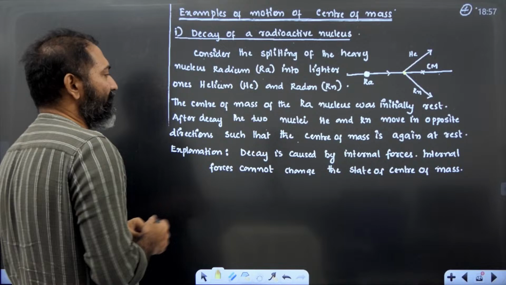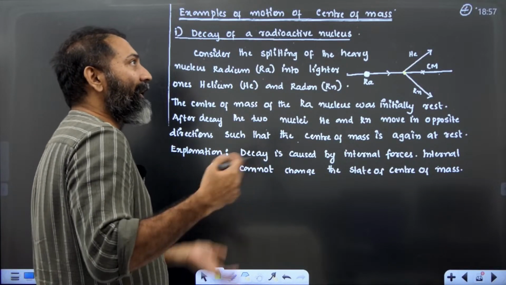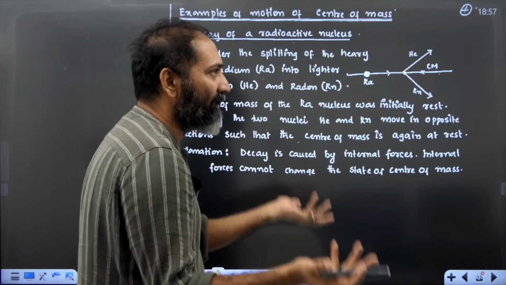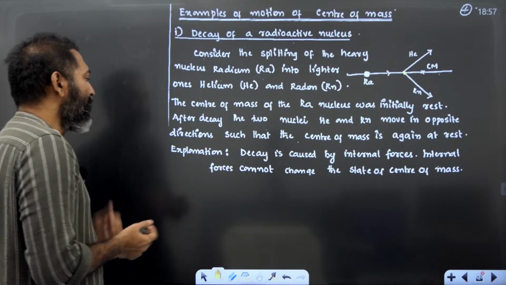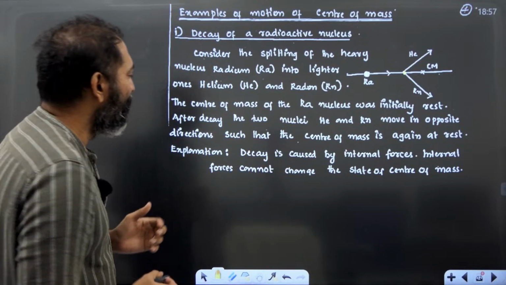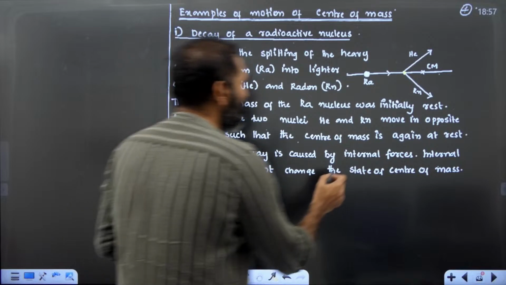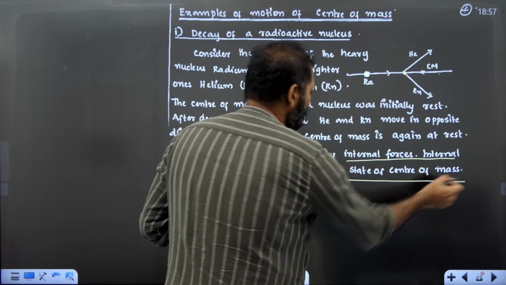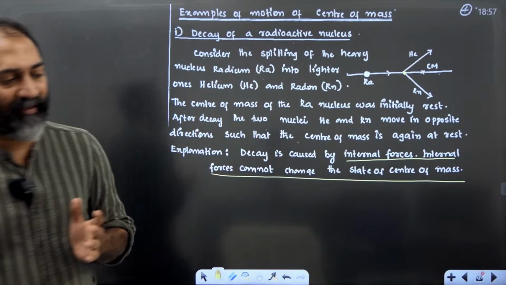Why does it happen? The reason is that radioactive decay is caused by internal forces. Internal forces cannot change the state of center of mass.